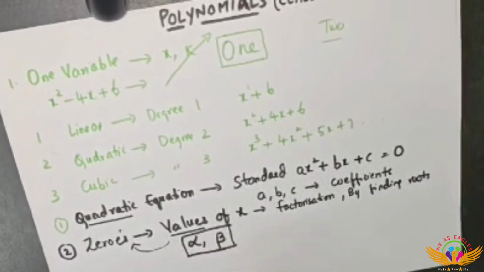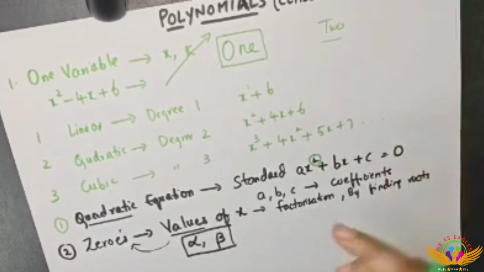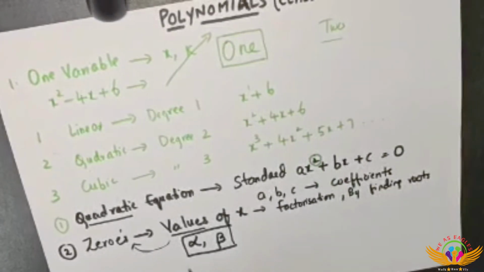Why do we have two zeros here? Because in a quadratic equation, we have the highest degree 2. This highest degree shows that we need two values of x. These two represent alpha and beta.